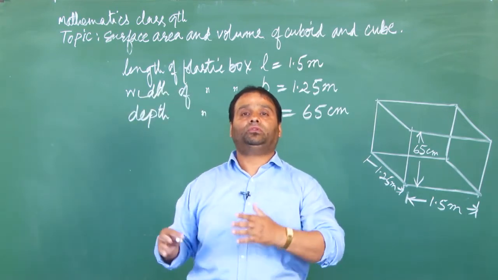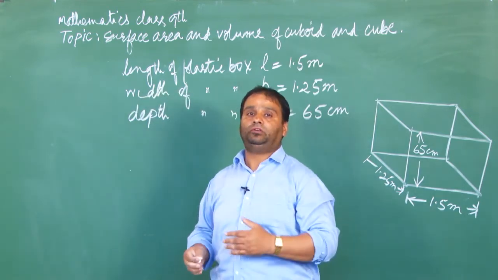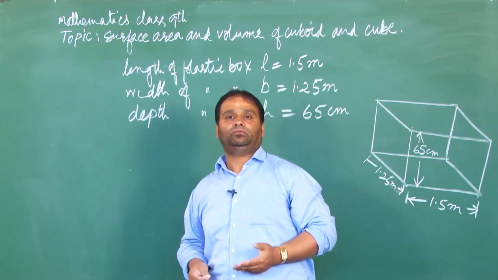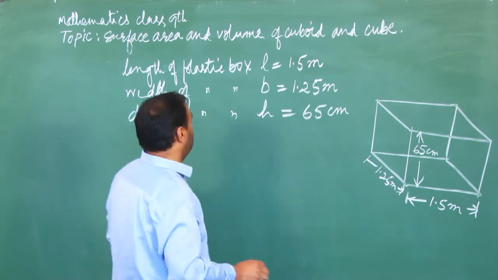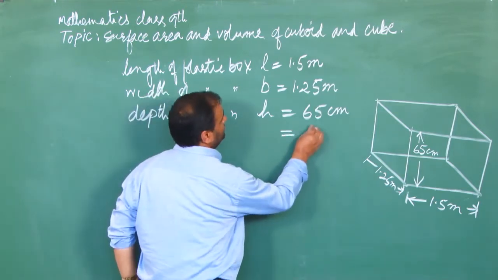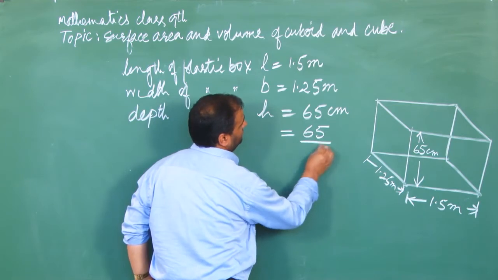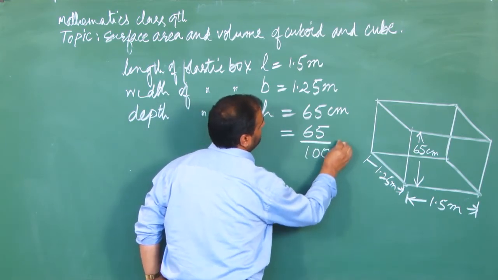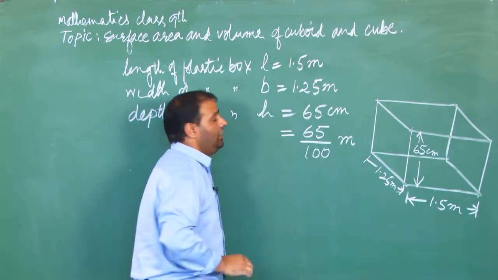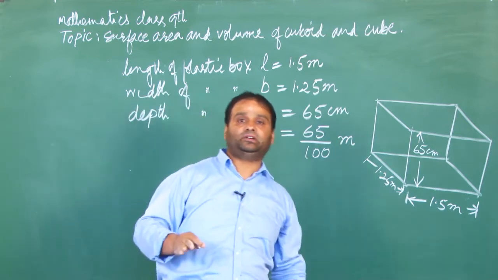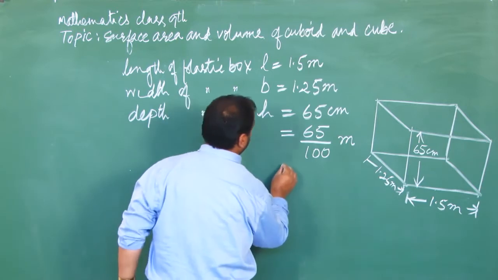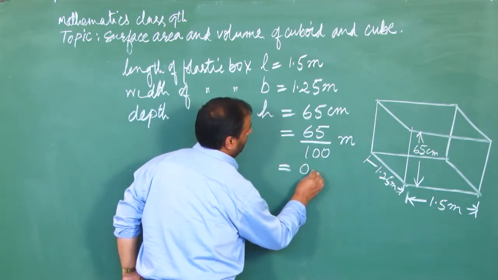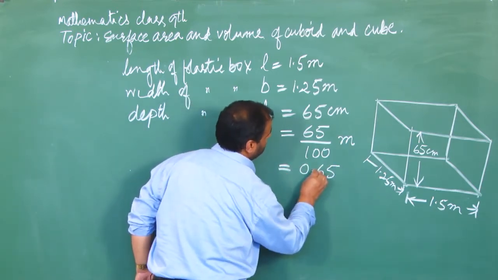Although, if the cost of the sheet had not been given in meters, we would have changed this all into centimeter. Nothing wrong with that. So, to change centimeter into meter, we divide it by 100 because 100 centimeter is equal to 1 meter. And you see 65 centimeters gets changed into meters when we divide it by 100. If you take it into decimal form, it will be 0.65 meter.